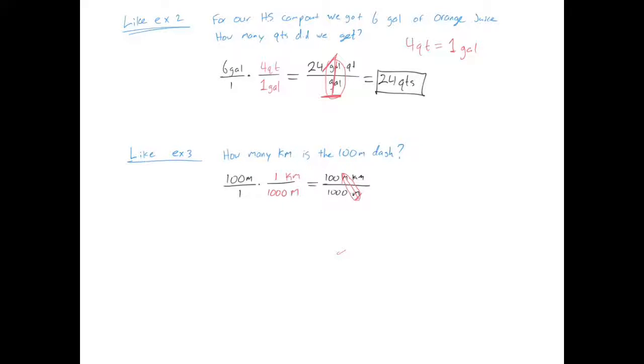So I just get 100 divided by 1,000. If you do that out by hand, you will get 0.1. And our only unit of measure left right here is the kilometers. So 0.1 kilometers, or 1/10 of a kilometer, is our answer.